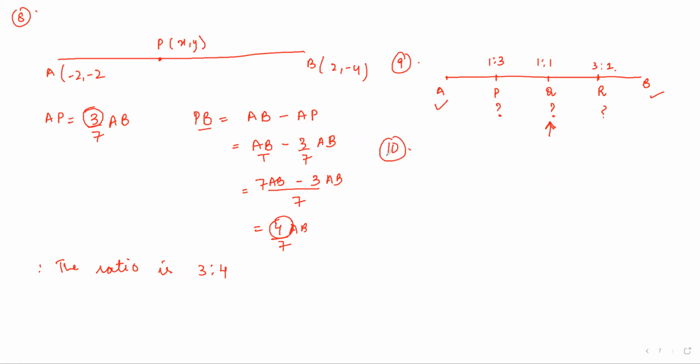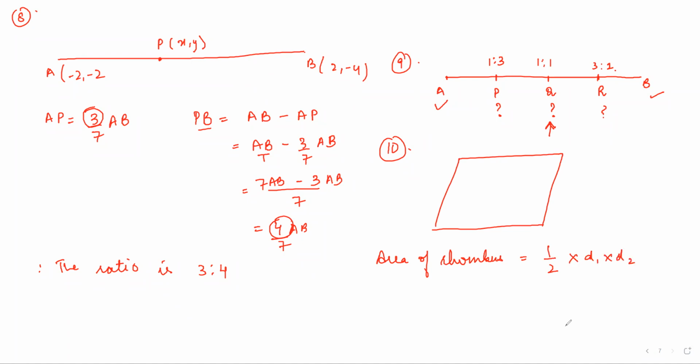Find the area of the rhombus if its vertices are given taken in order. So a rhombus is given. You have to find its area. What is the formula for the area of the rhombus? In terms of diagonals, there is another formula, Azan, which is half into D1 into D2, product of diagonals, right?